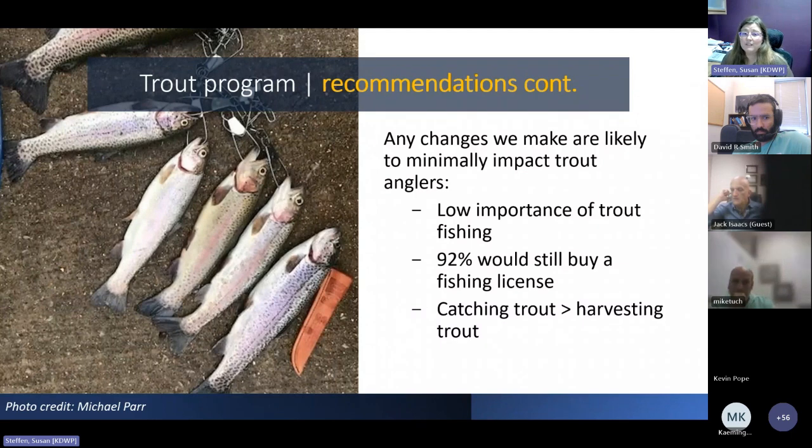And 92% said they would still buy a fishing license if for some reason they could no longer trout fish. So we definitely are not going to lose a bunch of our anglers, which was a concern. But I didn't expect that percentage to be so high. And oddly enough, again, just catching trout was more important than harvesting trout.